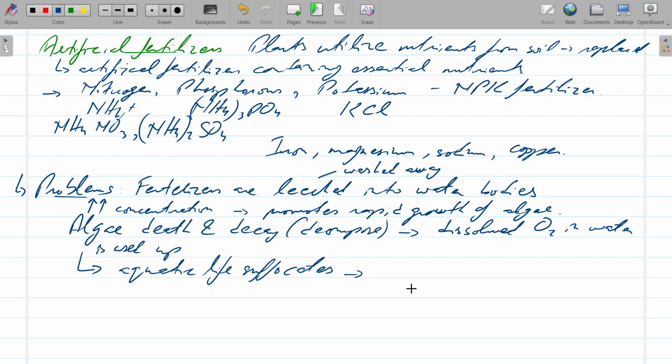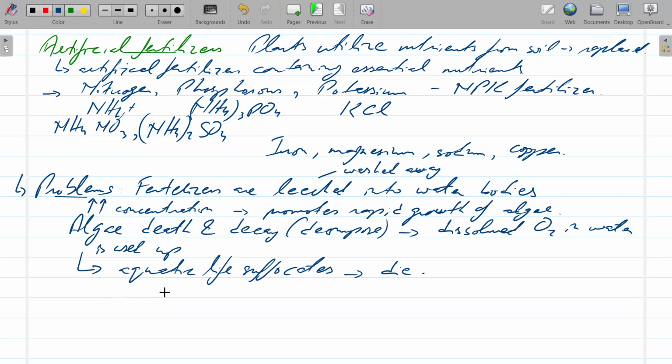And if it gets pretty bad, they obviously end up dying. And so what you end up with is, for all intents and purposes, a dead body of water. It is not livable at all.